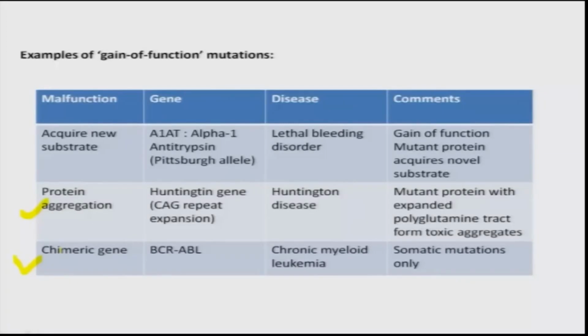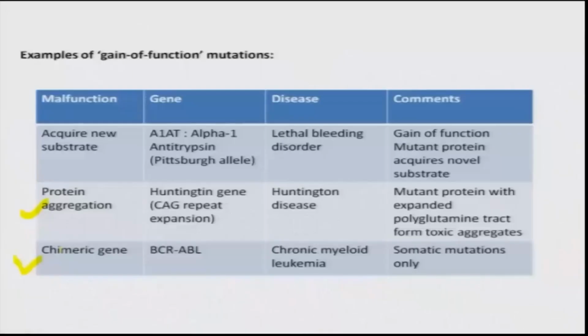And this mutation results in what is called a gain of function. The mutant, because of the change, acquires a novel substrate, which is not a substrate for this protein if it is wild type. And as a result, when it acts upon the novel substrate, that results in heavy bleeding.